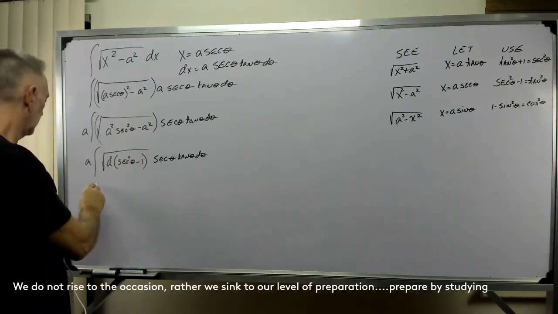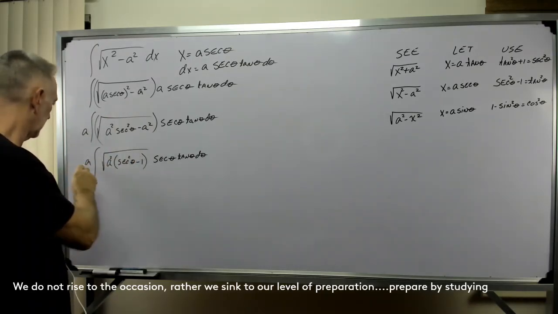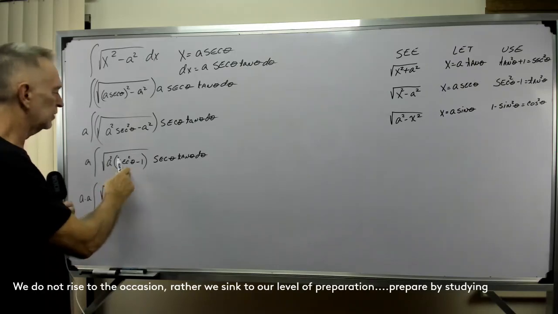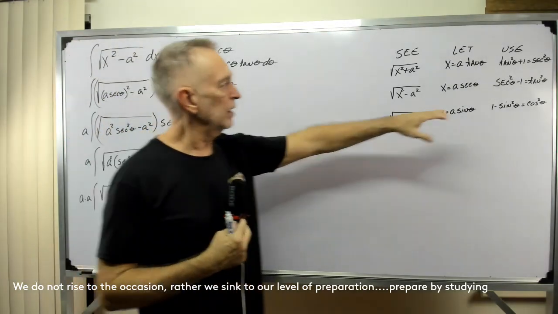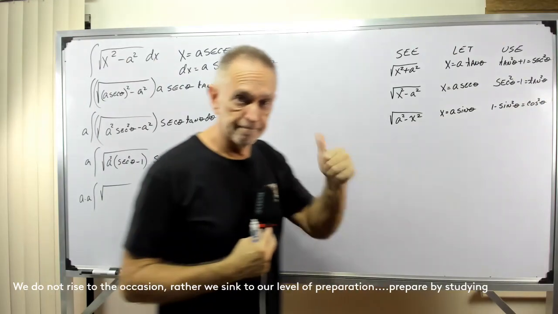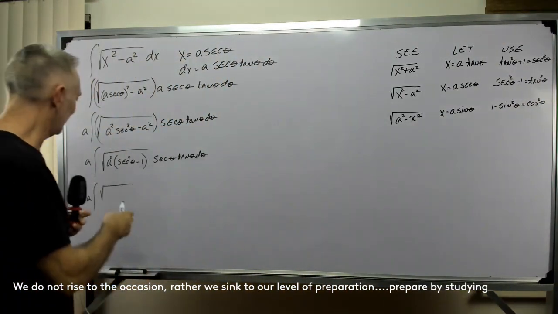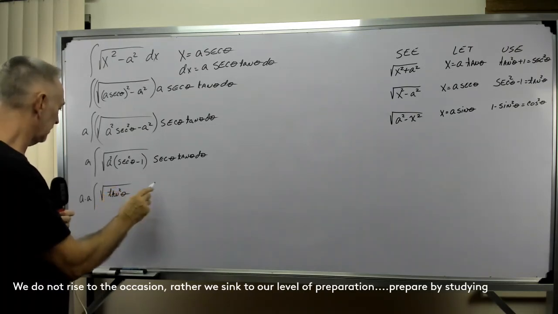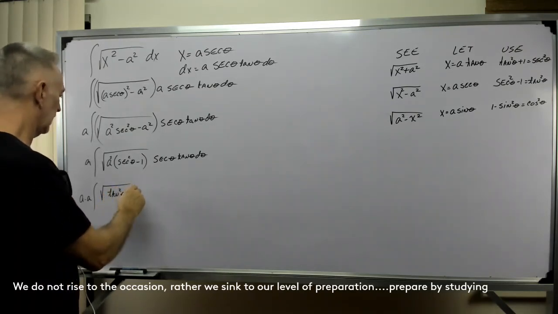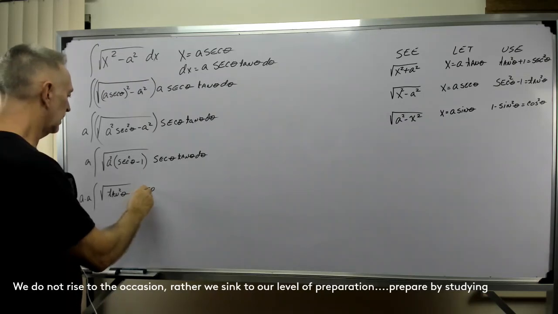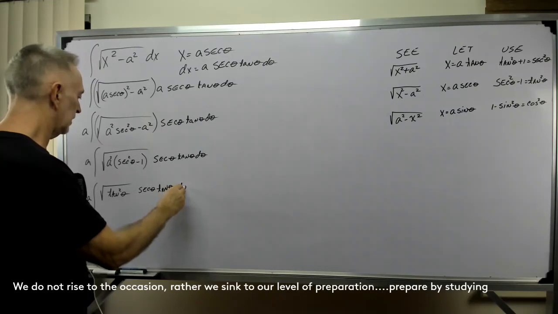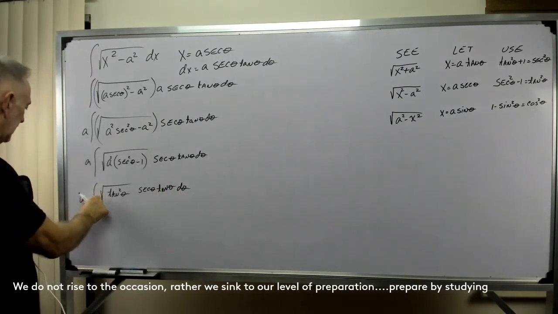That gives me the a that I already have times the other a that I just pulled out, times the square root of secant squared minus 1, which is what? Tangent squared. Now it's looking good. Tangent squared theta, square root of that, times secant theta tangent theta d theta.